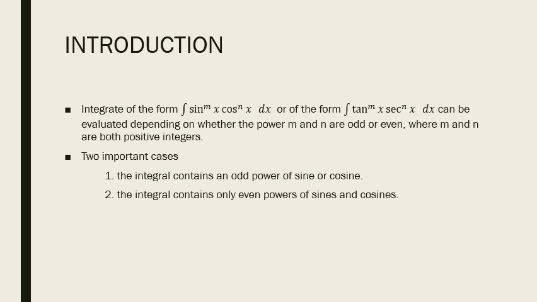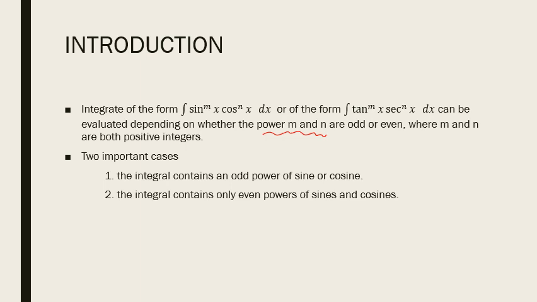Introduction. Integrals of the form integrate sine power of mx cos power of nx dx, or the form integrate tangent power of mx secant power of nx dx, can be evaluated depending on the powers m and n.